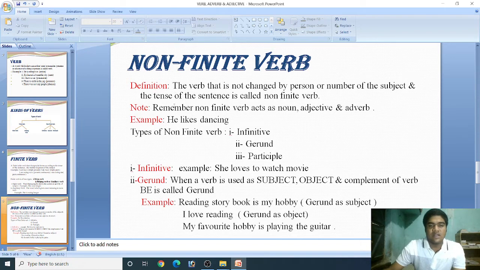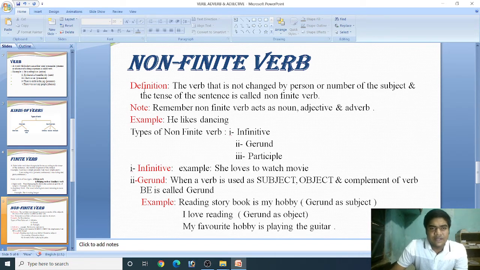In the case of a finite verb, we have seen that the verb changes when the tense of the sentence changes, or the number or the person of the subject changes. But in the case of a non-finite verb, the verb does not change if the tense of the sentence changes, or if the person or number changes.